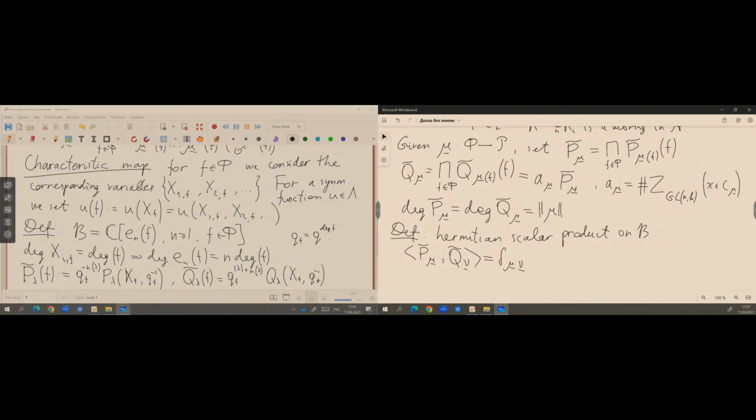And finally the characteristic map, ch from A to B, is defined as: the characteristic function of the conjugacy class mu goes to the renormalized Hall-Littlewood polynomial.